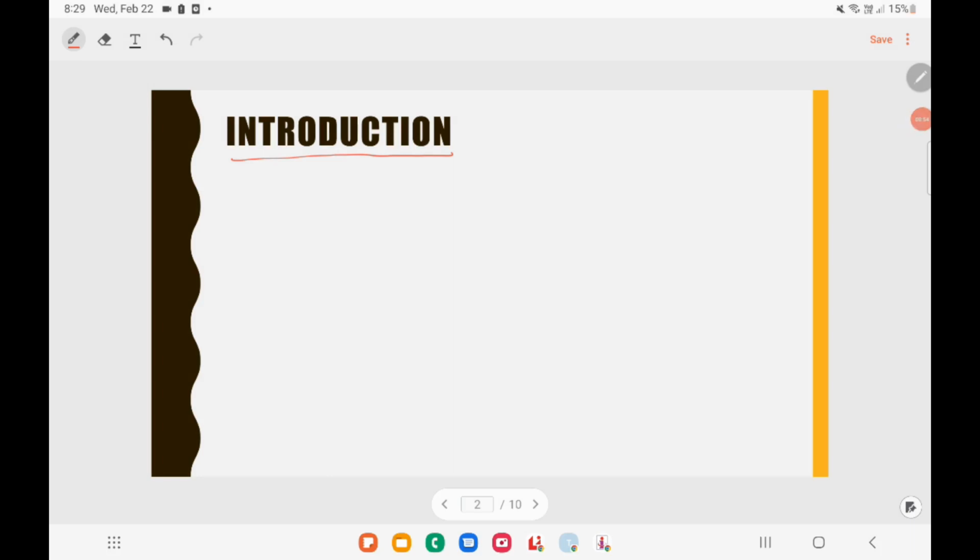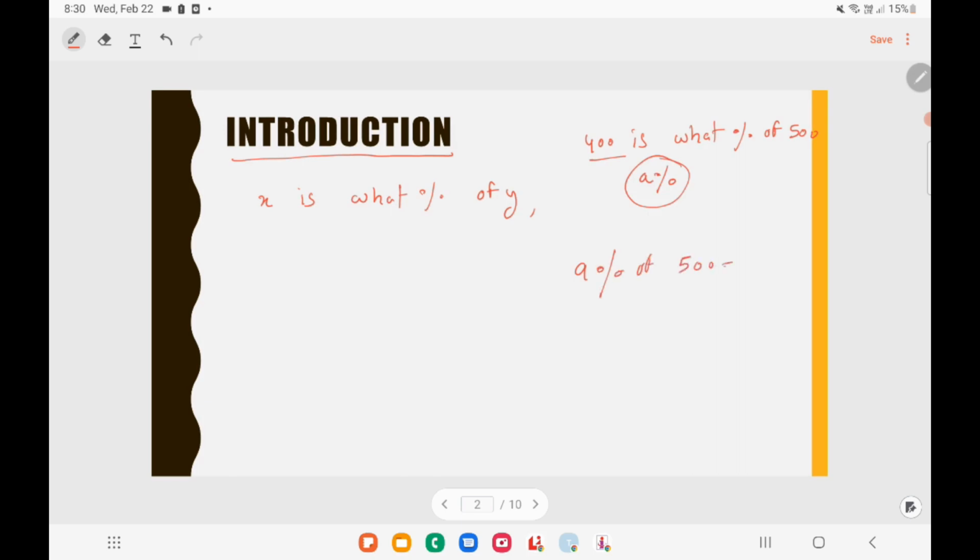Now if you are asked like X is what percentage of Y, for example, 400 is what percentage of 500. Earlier we found out the percentage, right? The example I gave you was what is 20% of 80. Here it is asked 400 is what percentage of 500. So let us assume that 400 is a percentage of 500. That means a percentage of 500 is equal to 400.